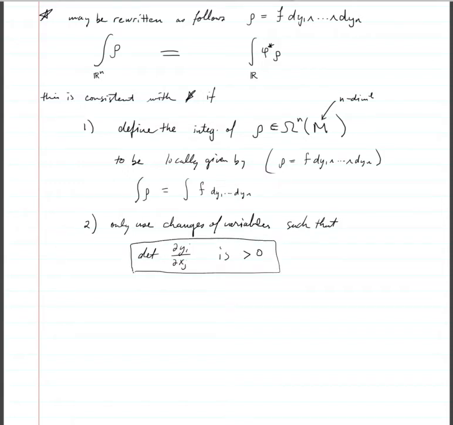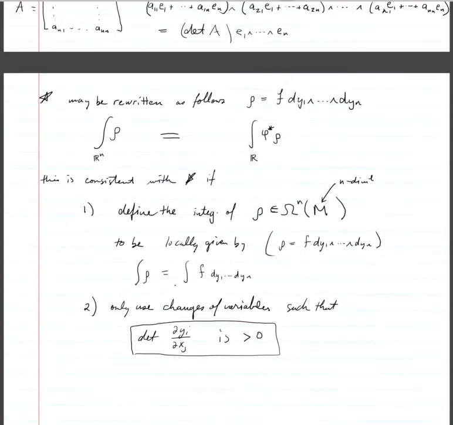Okay, so the conclusion is that we can define an integral on manifolds for an n form by doing the following. We choose a coordinate system locally and write the form, the n form. I'm not doing a k form. I'm only going to do an integral for n forms.